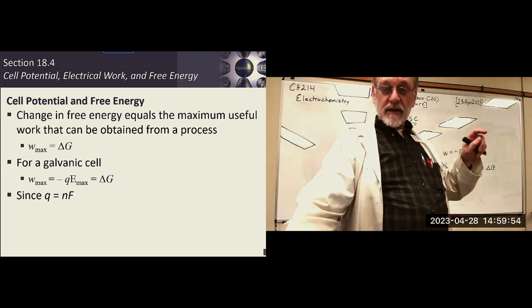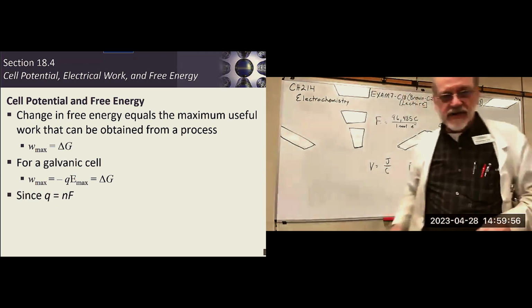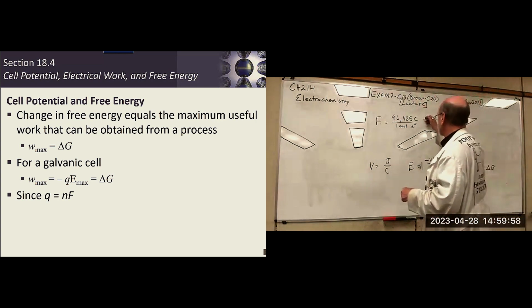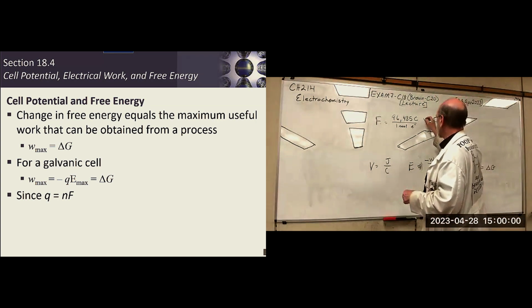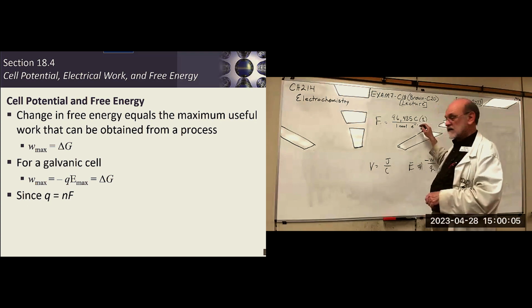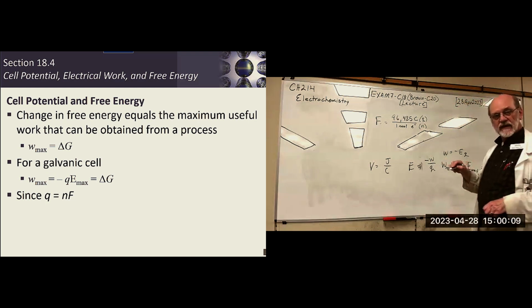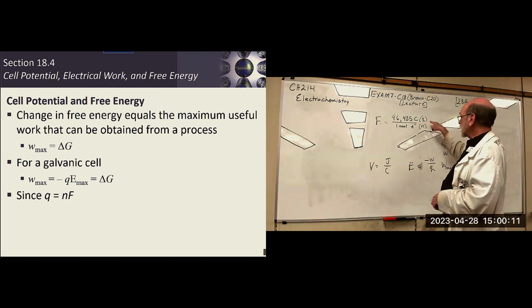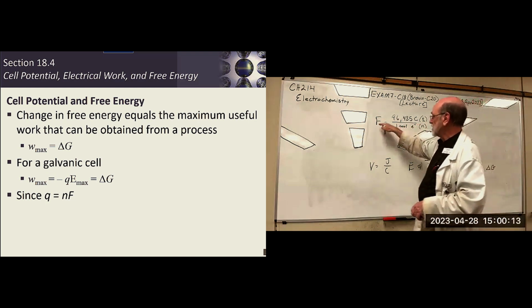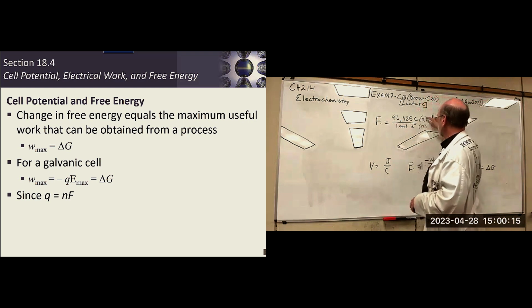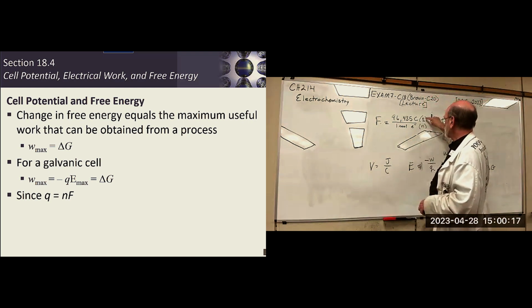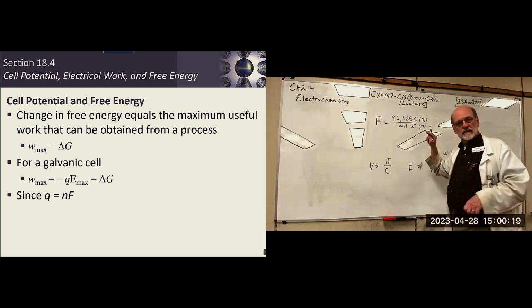Now, since Q equals NF, this would be Q here, and this would be the number of moles here. So we can equate the charge: 1 Faraday equals coulombs per mole.